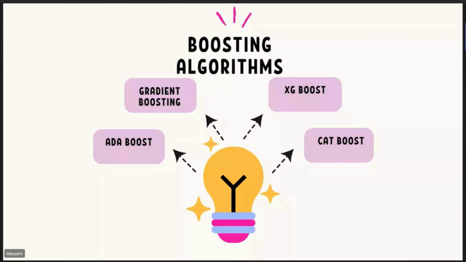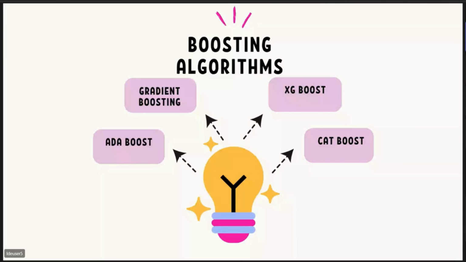Of course, in some data sets bagging performs better, or in some data sets boosting algorithms perform better. That you will only be able to find after implementing and seeing which is giving better performance, right? But in general, compared to individual models, these ensemble models always give you a higher result.